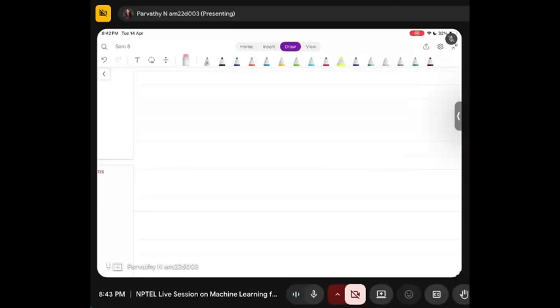This is what we call physics-informed neural networks, or PINNs. So these are some of the applications that are discussed.